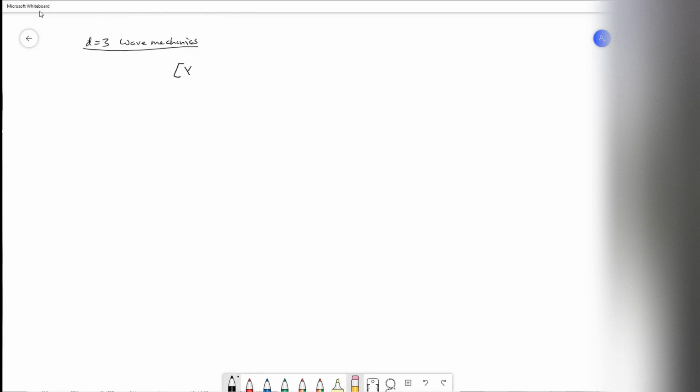You have your canonical commutation relation, and now your coordinates have multiple components like x, y, z, and your p becomes a vector. There's a component of p along x, y, z, and they all commute unless they're pointed along the same direction, in which case you get just the usual canonical commutation relation. So it's all the same.